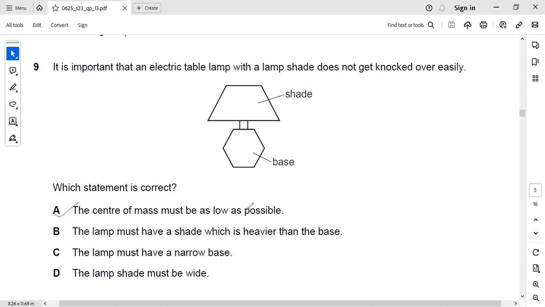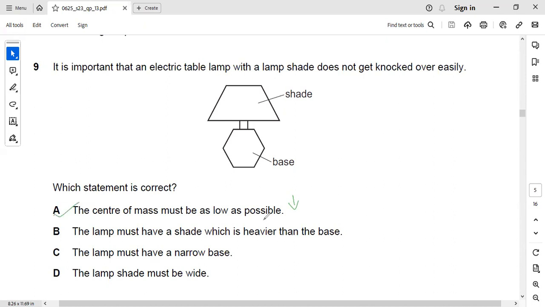The center of mass must be low. Otherwise, the lamp's overall stability is likely to reduce, and if it is low, it is less likely to fall or tip over.